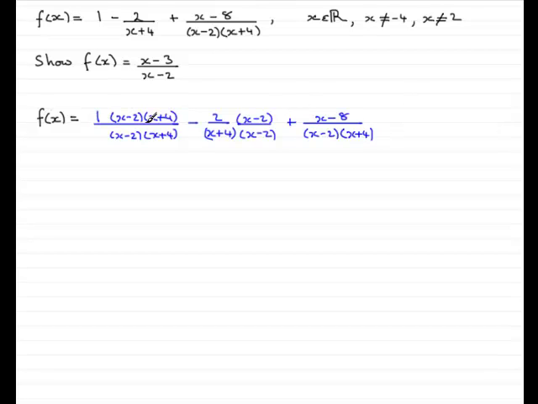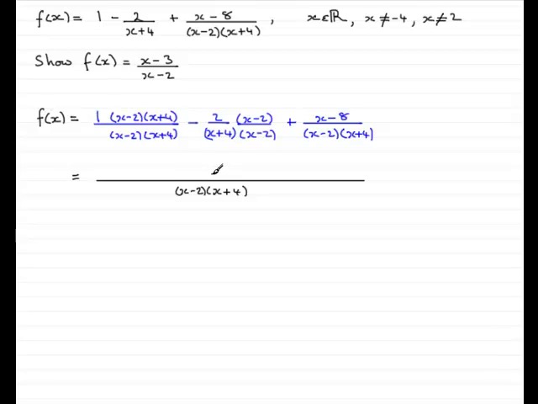Now I did say that writing this in blue was just a line that I personally wouldn't have written in. I would have gone straight to this line that I'm going to write now. I would have seen that these are all over the same common denominator, x minus 2, x plus 4.